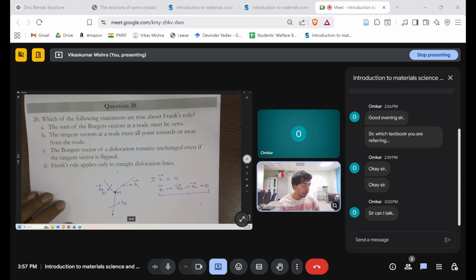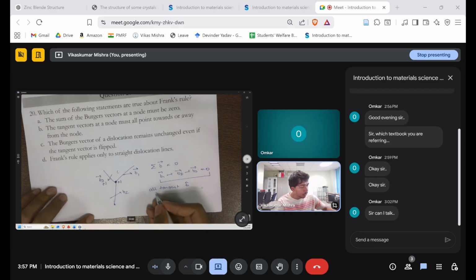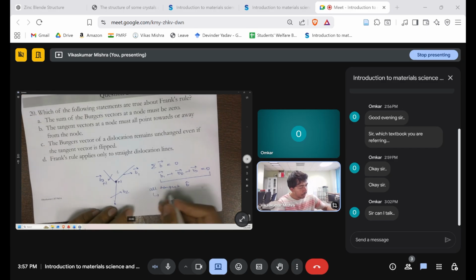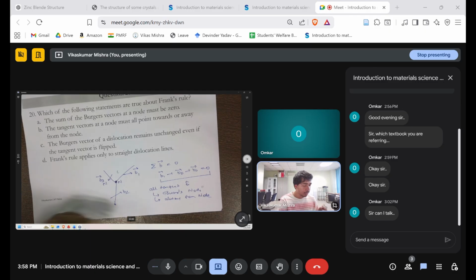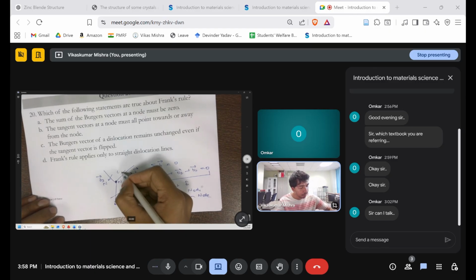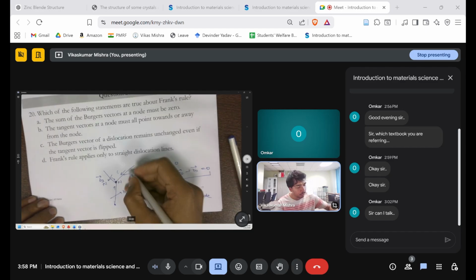There is another condition of the Frank rule. It says that all the tangent vectors, which we know as t, should either point towards the node, or they should all point away from the node.